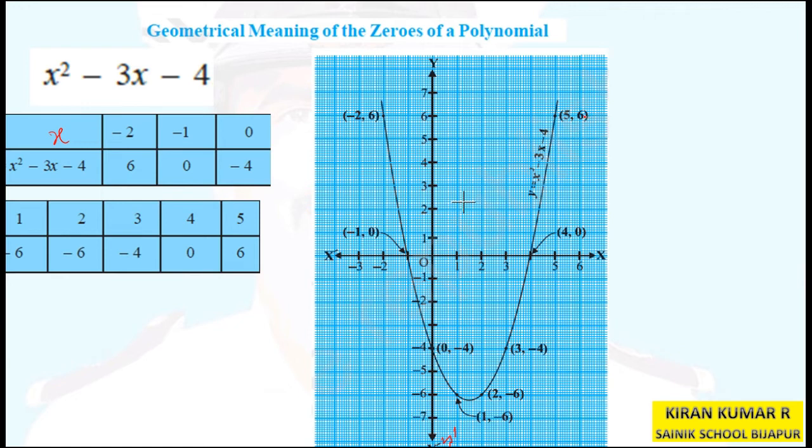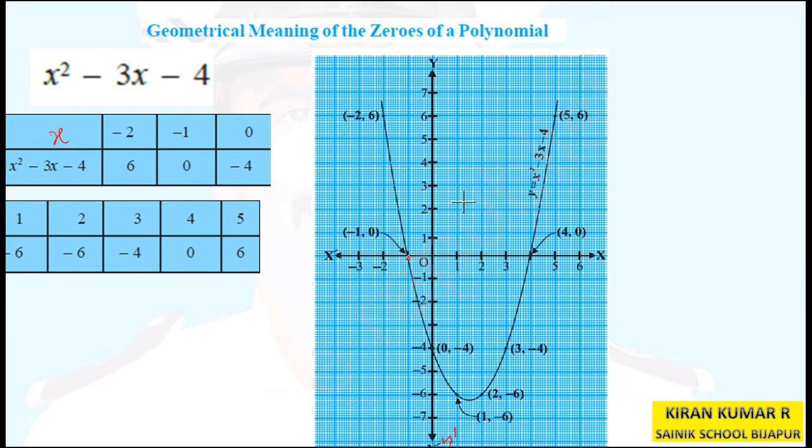Look at the graph of this equation, x² - 3x - 4. On plotting we get a U-shaped curve.